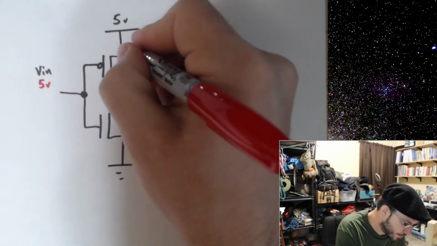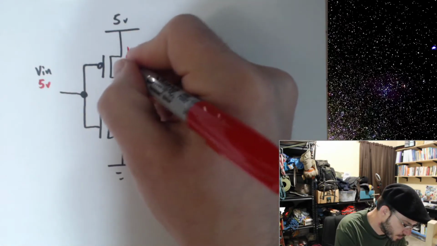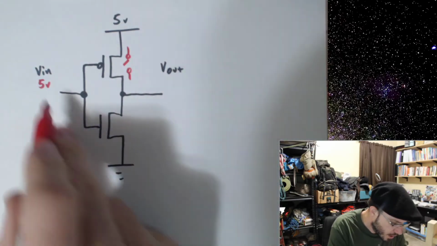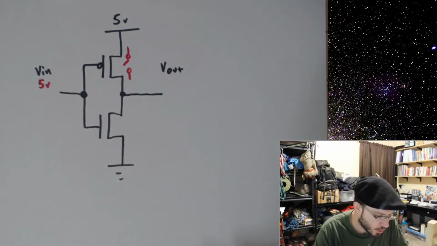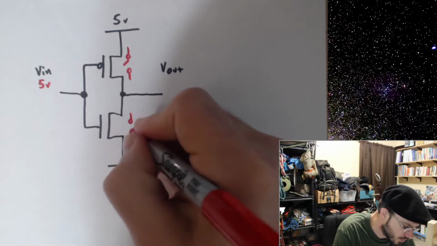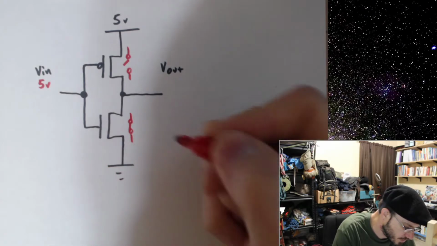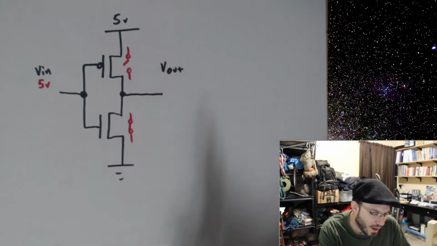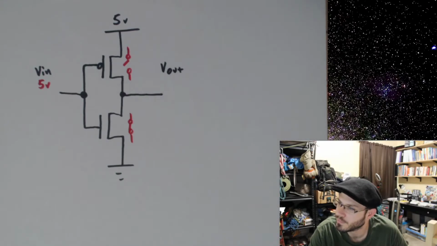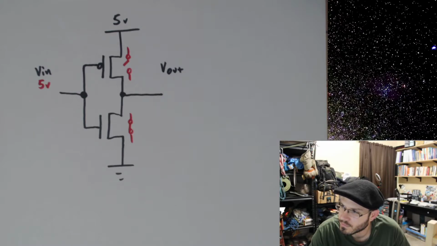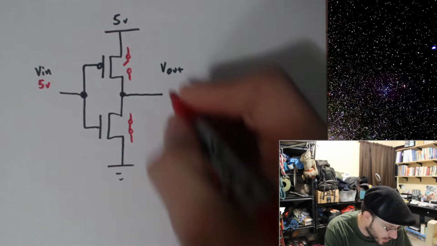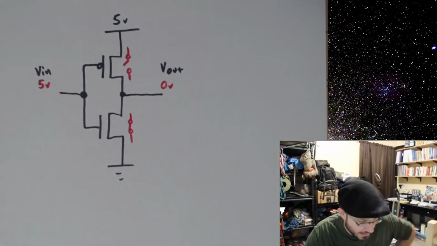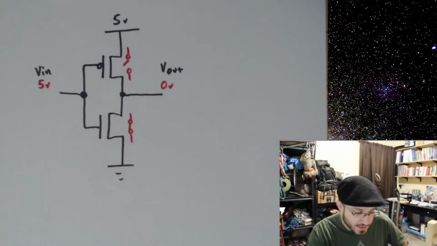Open. Okay, 5 volts going into an N channel. Open or closed? Closed. What is V out? What's my voltage on V out? Yeah, it's directly connected to 0 volts. Should get 0 volts out of there. Okay, the 5 volts is disconnected.